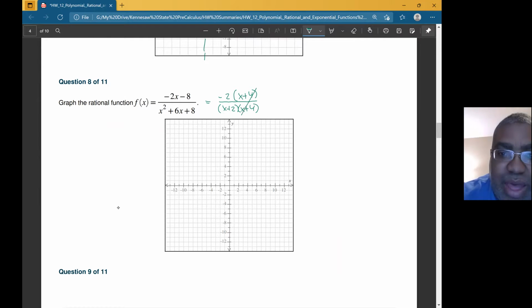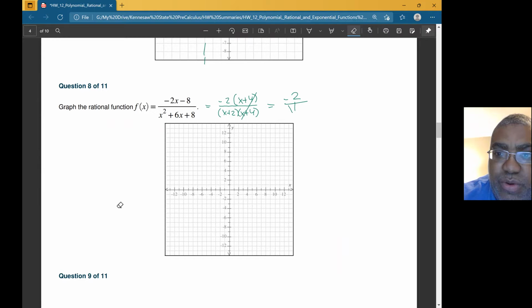So if I cancel these two out, I end up with the simplified function of negative 2 over x plus 2, with a hole at x is equal to negative 4.